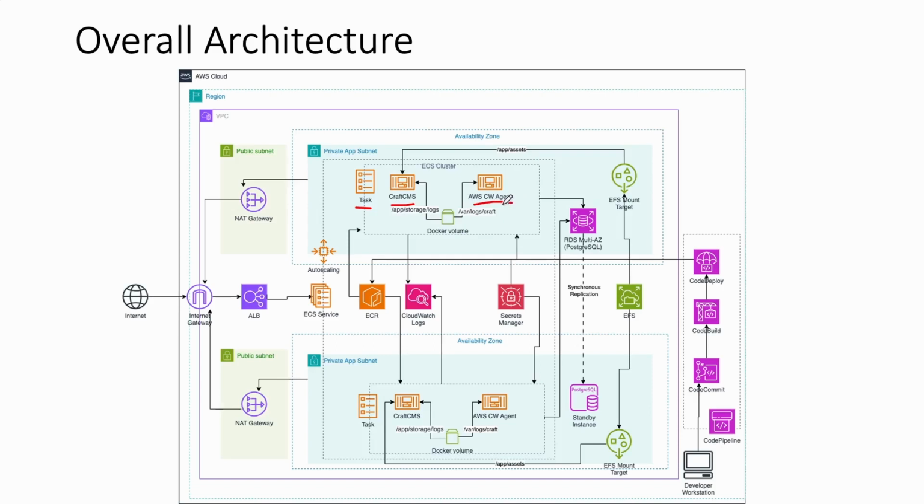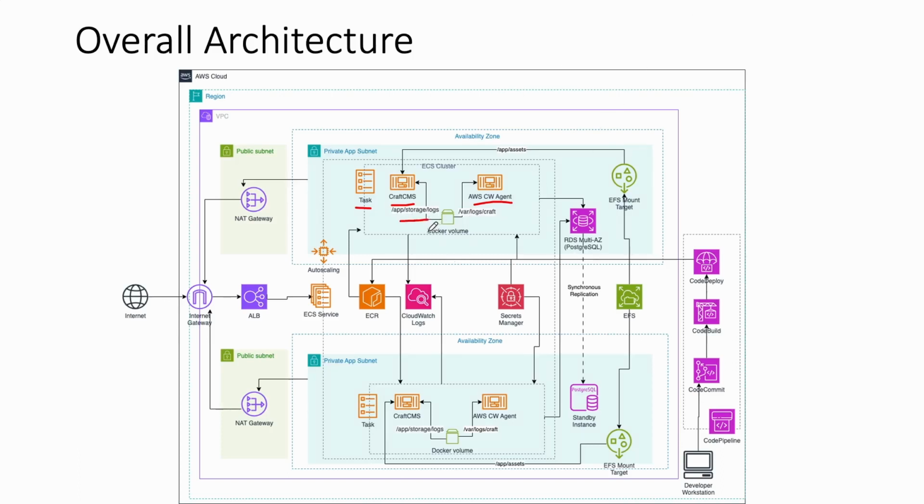Actually, we are just using the CloudWatch agent image for this container, so we don't need to do any installation ourselves. When the container comes up, it already has the CloudWatch agent installed. All we need to do is provide the CloudWatch agent config through an environment variable that allows it to push the logs in this directory to CloudWatch.